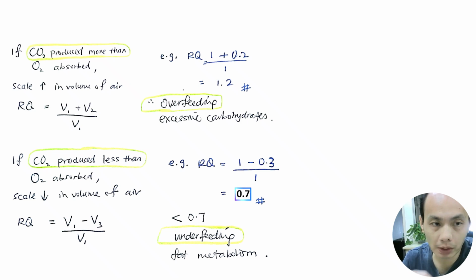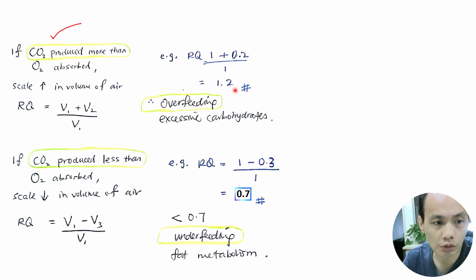Now the problem is, if carbon dioxide is produced more, what does it mean? If carbon dioxide produced is more than oxygen being absorbed, now we make use of the formula. We discover that the RQ is no longer equal to 1 but more than 1, 1.2.